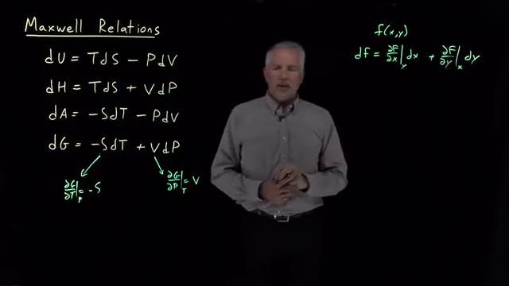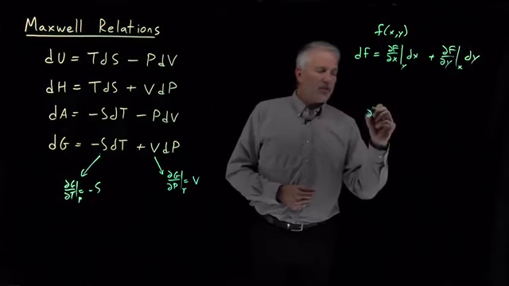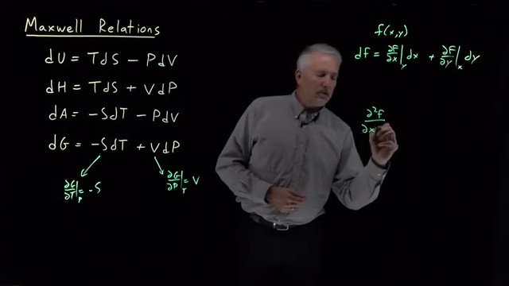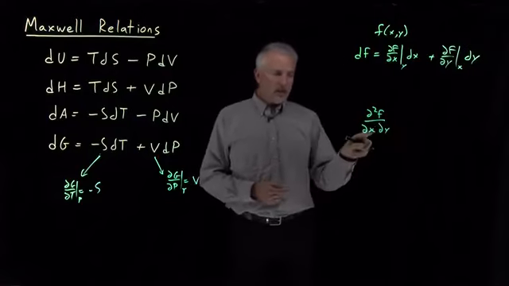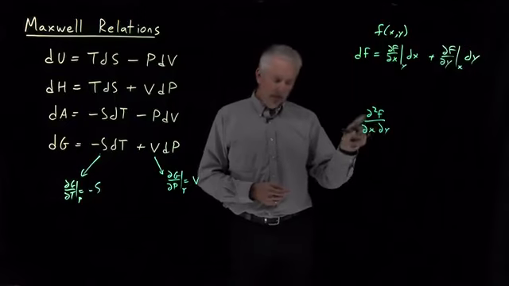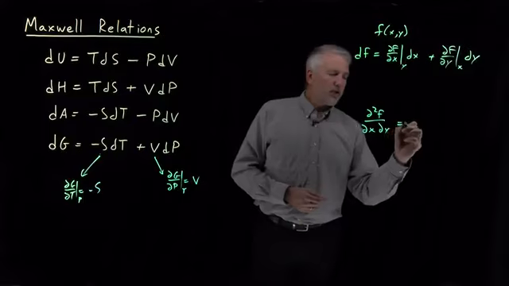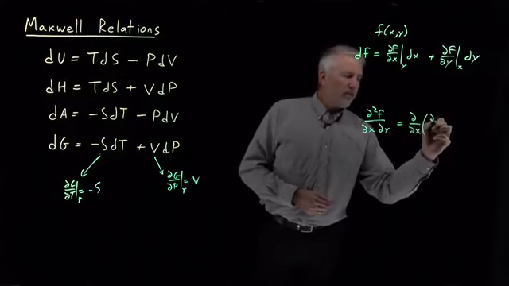But now let's think about second derivatives. If I ask you, what is the second derivative of f with respect to x and y? So the mixed second partial derivative, d squared f dx dy. We can think of that in 2 different ways. We can think of that as the x derivative of the y derivative.